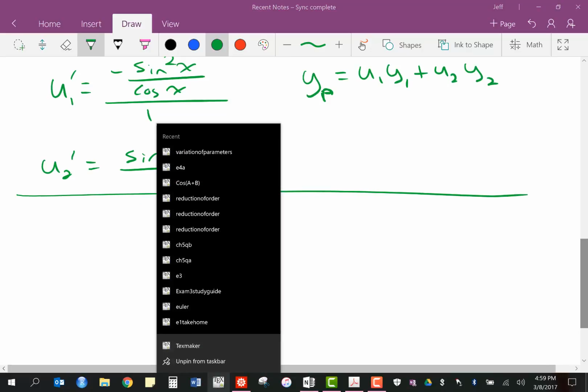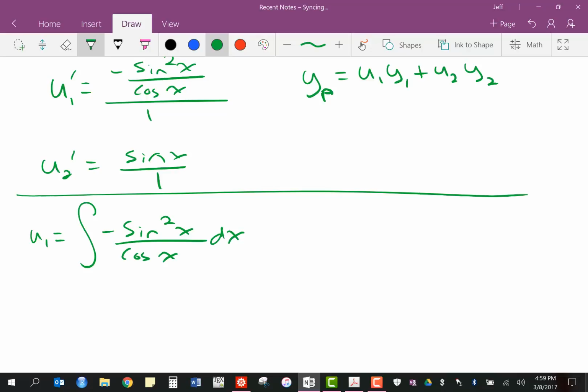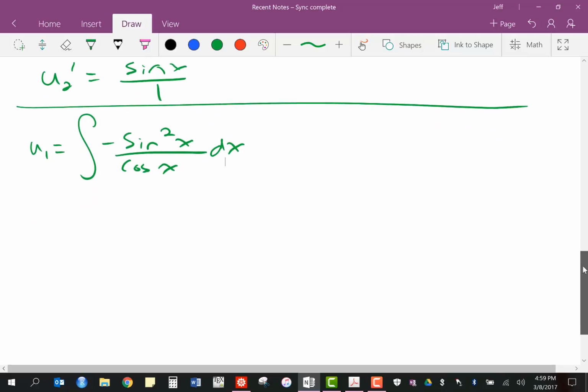All right, so u1 is going to be equal to the integral of negative sine squared of x divided by the cosine of x dx. Hopefully you remember your second semester calculus.